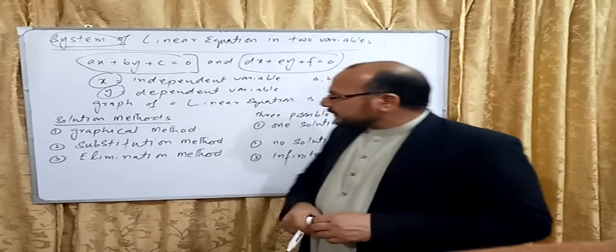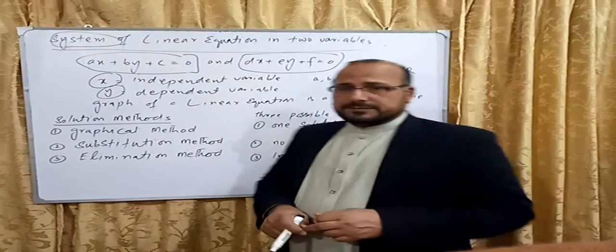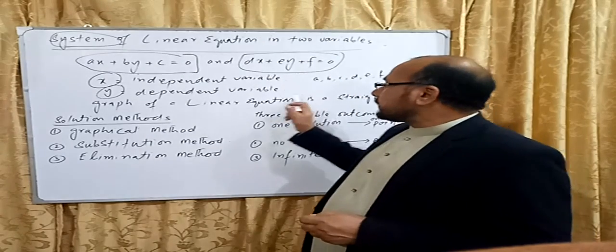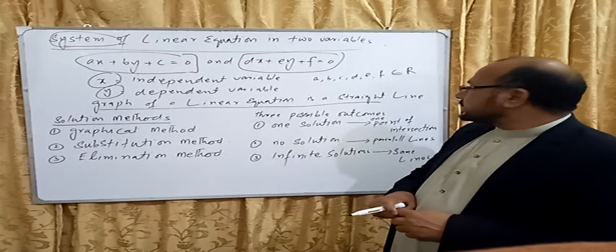If we draw the graph of a single linear equation in two variables, it always gives us a straight line. The graph of a linear equation is a straight line.